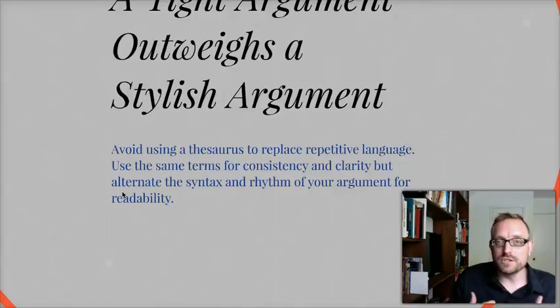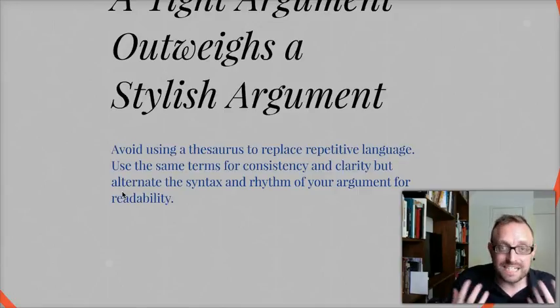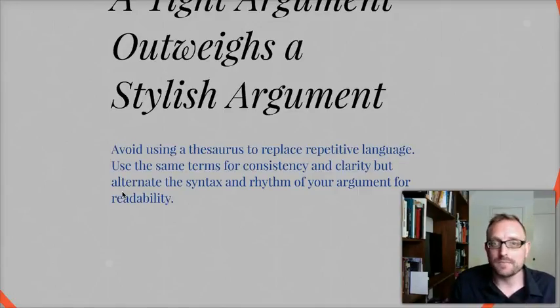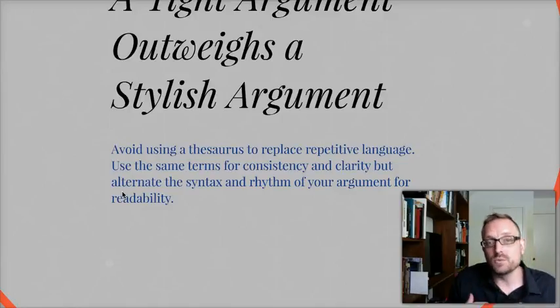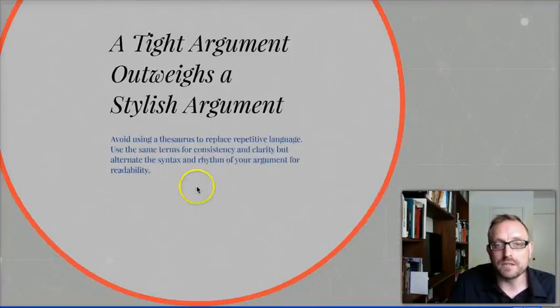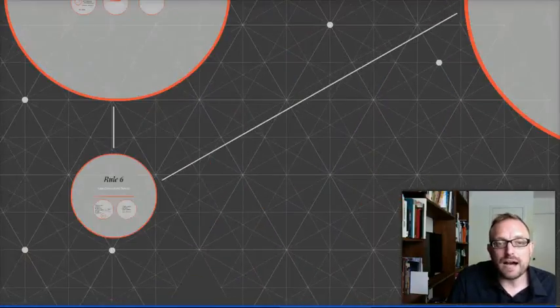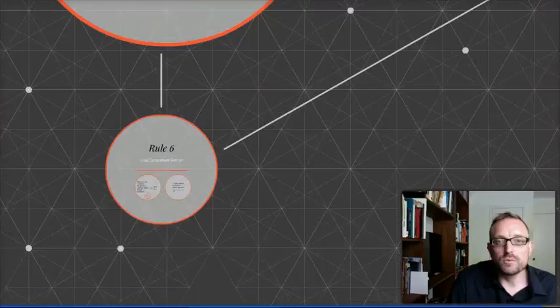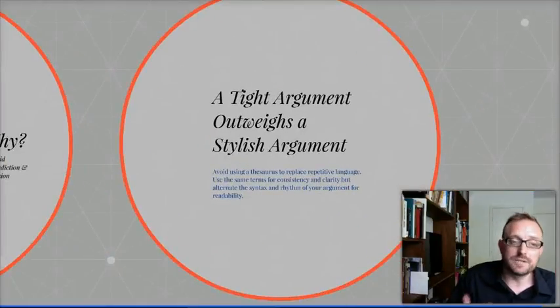What you need to learn to do is to use consistent terms, but to alternate the flow of the presentation so that way it continues to capture the attention of the audience, as well as to be interesting. And I love well written arguments, but ultimately it's the tight arguments that matter most.